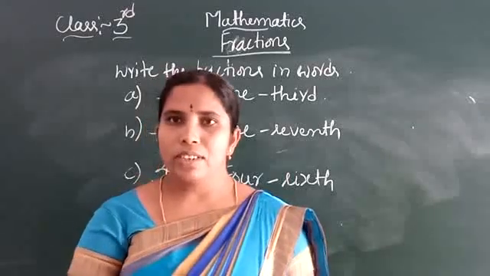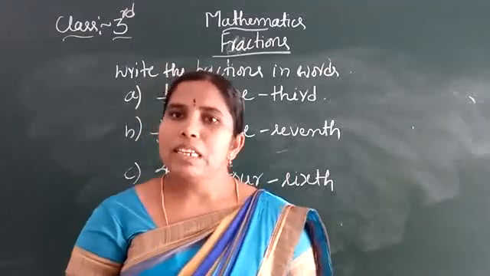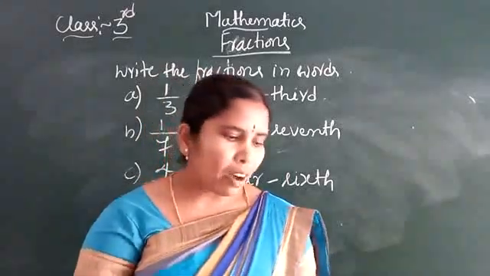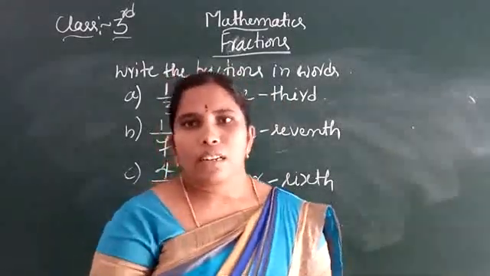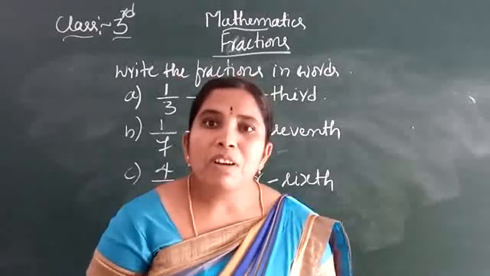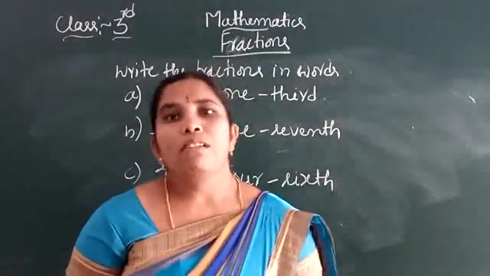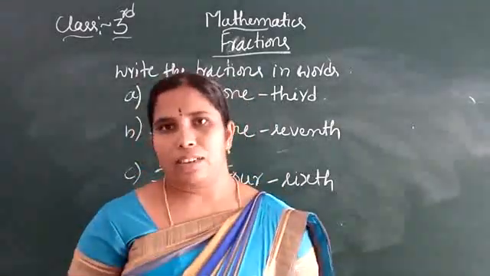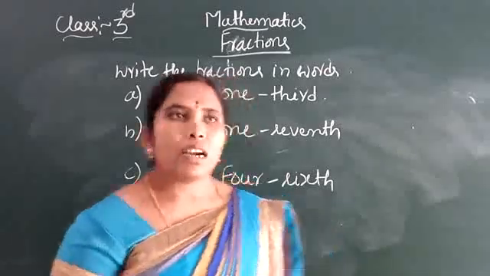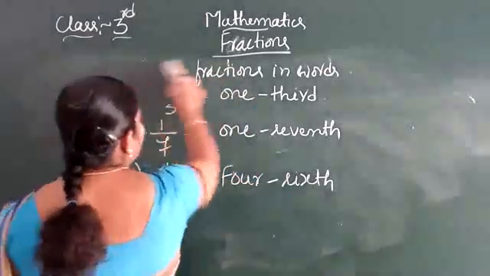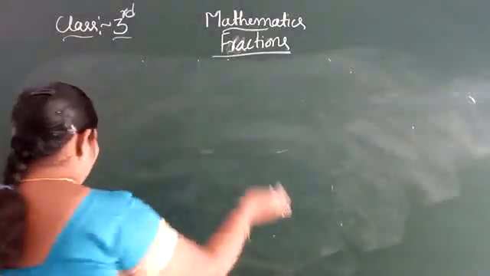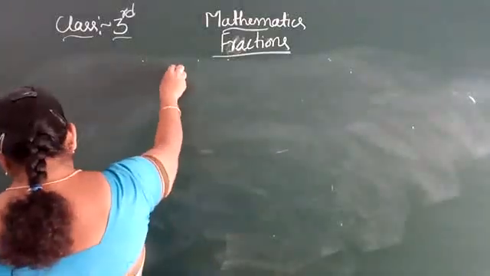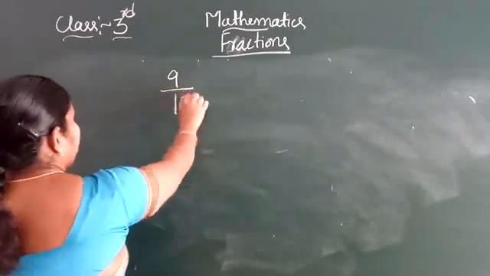Do you understand, students? Problems like this are also in your textbook. Please follow those fractions. Also in your textbook they give some more fractions: write the numerator and denominator. See, observe here, I will give an example. 9 by 10.